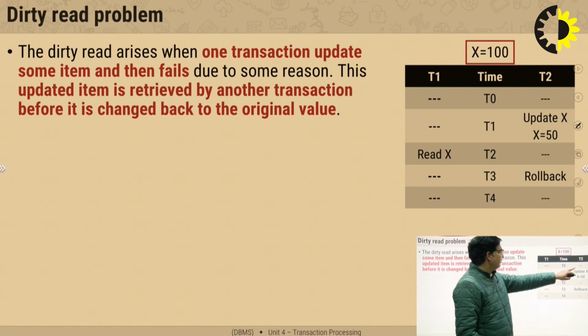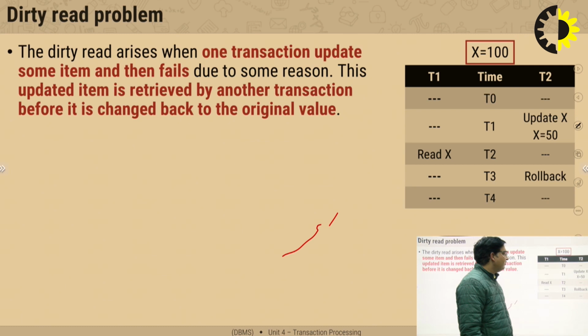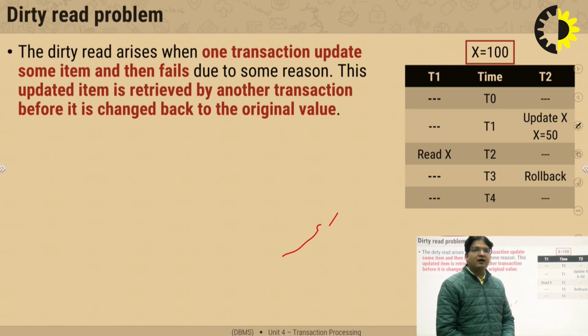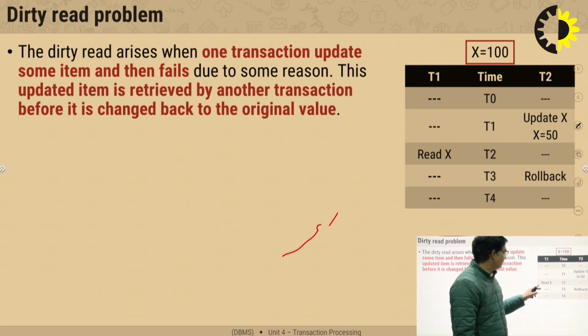the initial value of X is 100. Then there are two transactions T1 and T2. Now at time T1, that particular value of X is updated and that updated value is now 50. Now this updated value is read by another transaction T1.